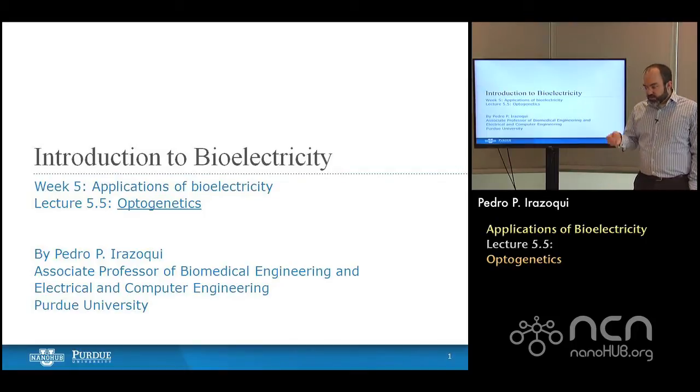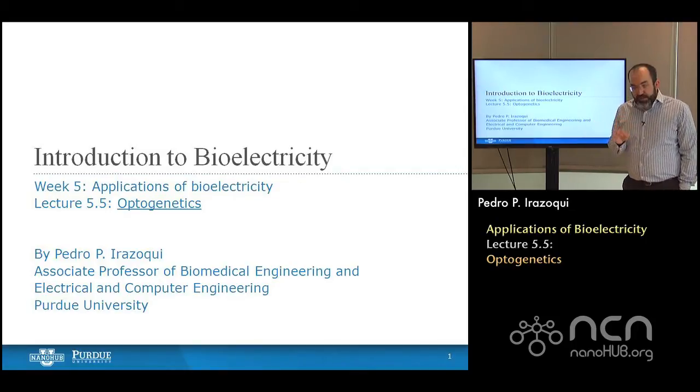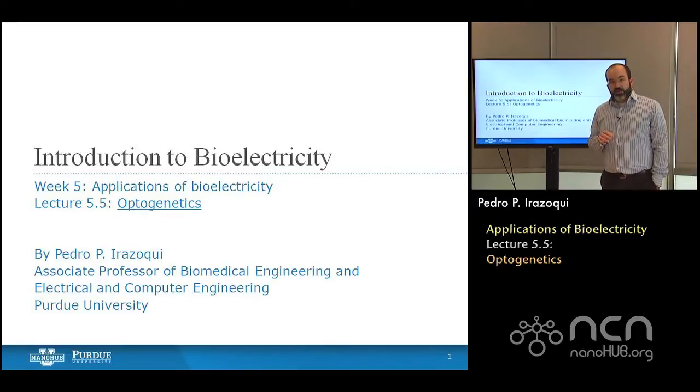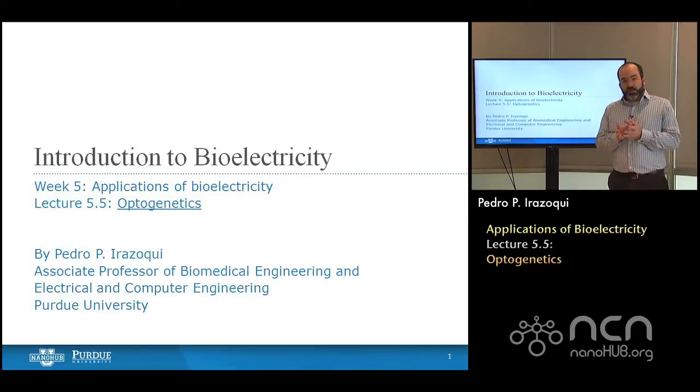When we went through ion channels, we talked about ligand-gated ion channels and voltage-gated ion channels. Those are ion channels that open and close in response to the presence of a molecule. In the case of a ligand-gated ion channel, that molecule could be a neurotransmitter, a small molecule neurotransmitter, or a large molecule peptide neurotransmitter.